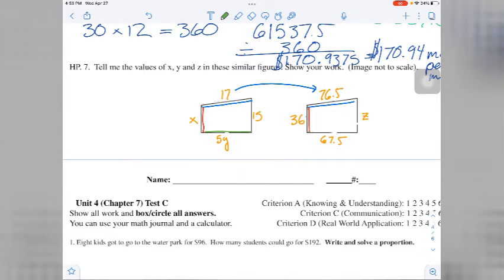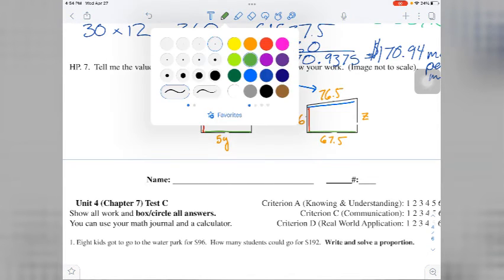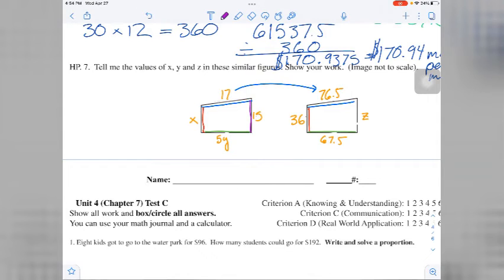I also don't have both pieces of information for the bottom edge, and I don't have both pieces of information for the right edge either. But for the top, I do. So in order to figure out what I am multiplying by here, I need to do 76.5 divided by 17, and that is going to give me the scale factor here.